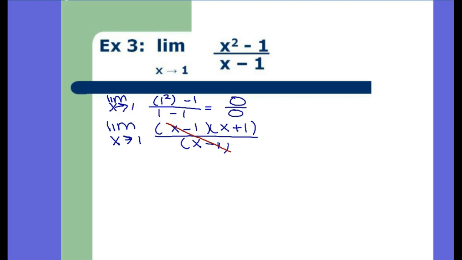So the limit as x approaches 1 of that original function is equal to the limit as x approaches 1 of x plus 1. Then we plug in our value, and we get that the limit as x approaches 1 of x squared minus 1 all over x minus 1 is 2.